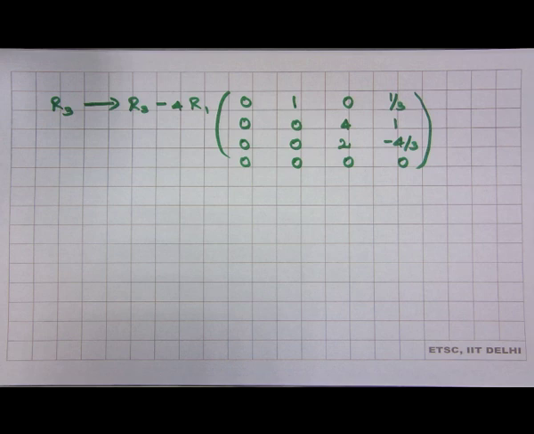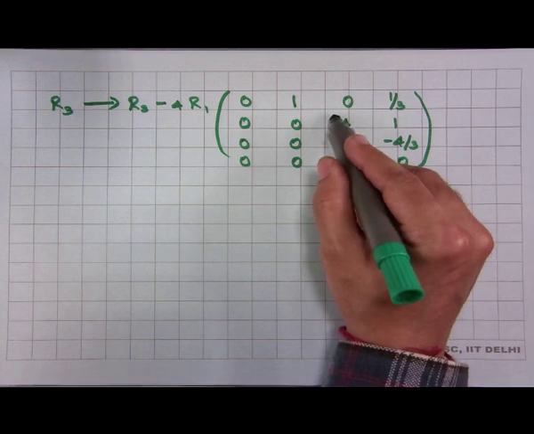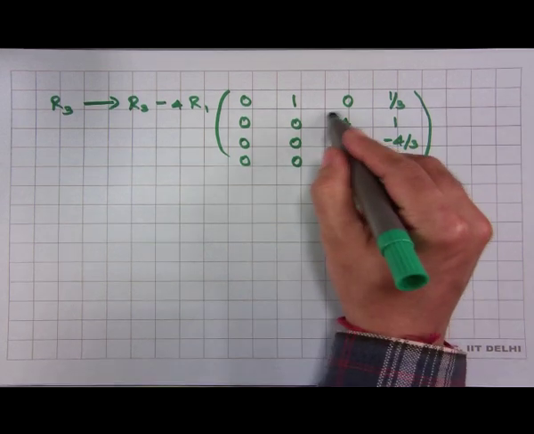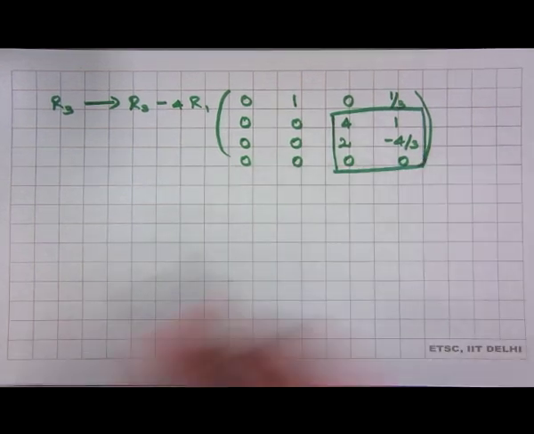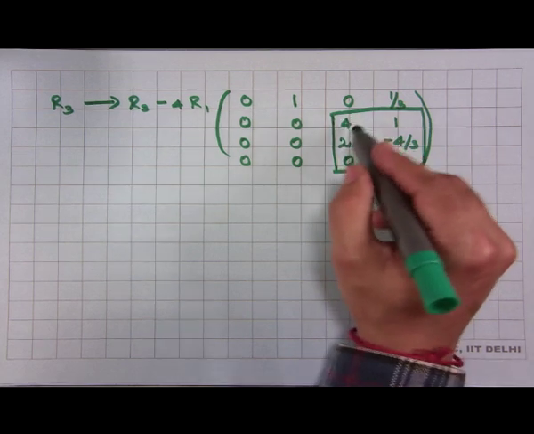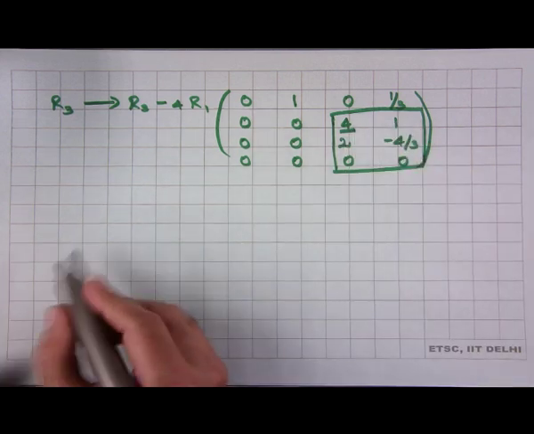And then the next one is, let us look at this submatrix, this part. So, the first non-zero row is this and the non-zero element is 4. So, let us convert it into 1.